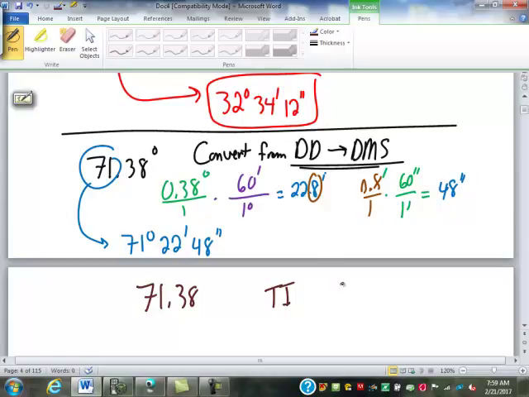In that angle key, you've got degrees, minutes, seconds, and you've got PRP, I believe, and then an arrow DMS. So you arrow over to DMS. So you type in the 71.38, you hit that key and you arrow over the DMS. You're probably going to have to hit equals twice. And it should give you 71 degrees, 22 minutes, 48 seconds.